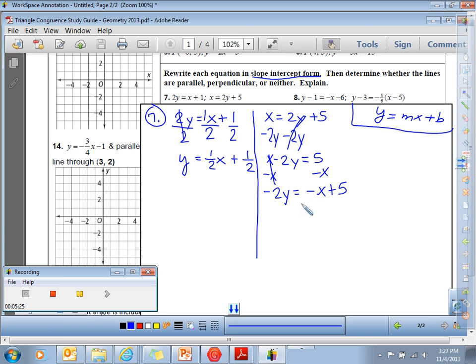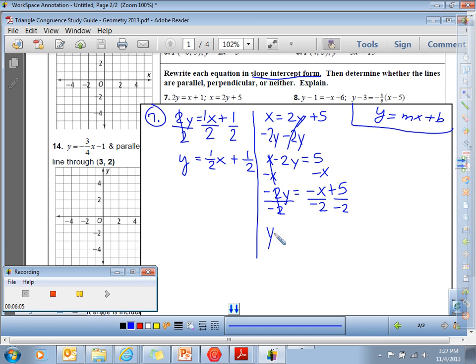Okay, so now is y by itself? We're close, almost, right? What's in front of y? So what's happening between negative 2 and y? They're being multiplied, so how do you get rid of that negative 2? Okay, divide by negative 2, divide everything by negative 2.